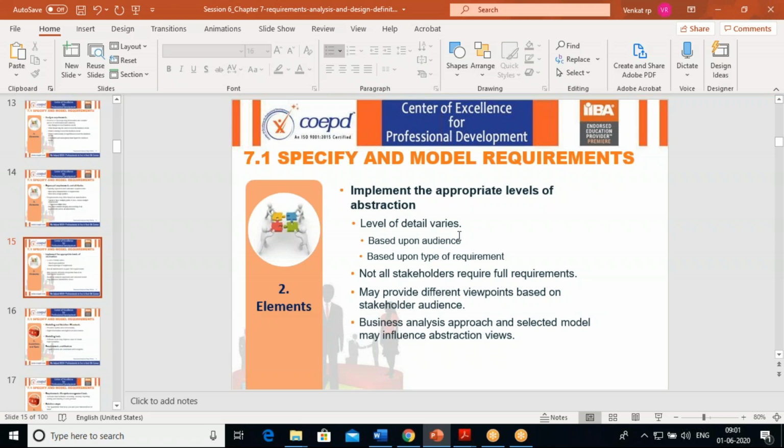That person need not know the high-level strategy or the overall income the company is going to get. They only need what is required at the data entry level.